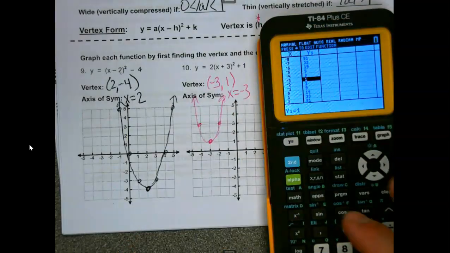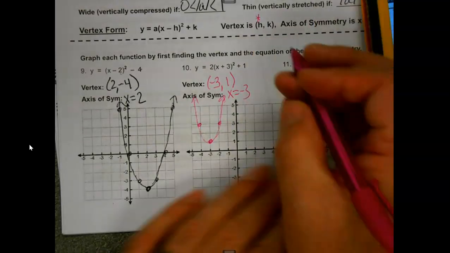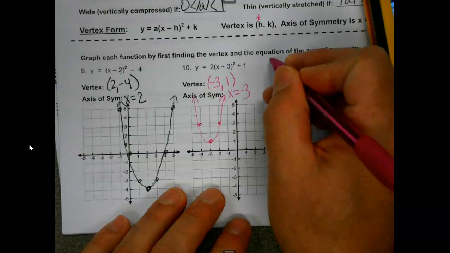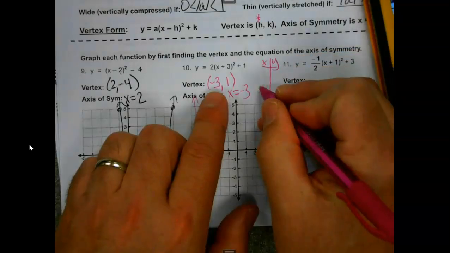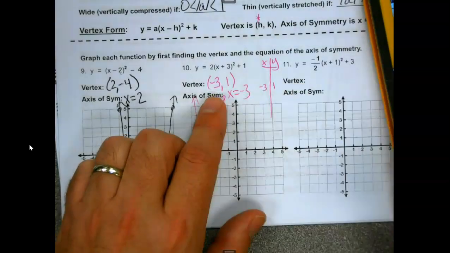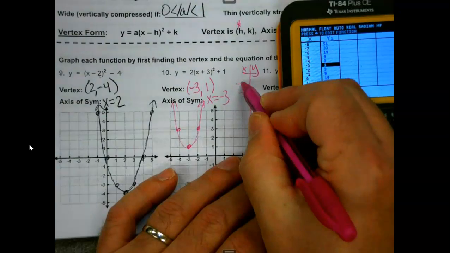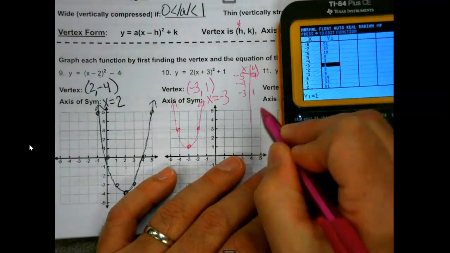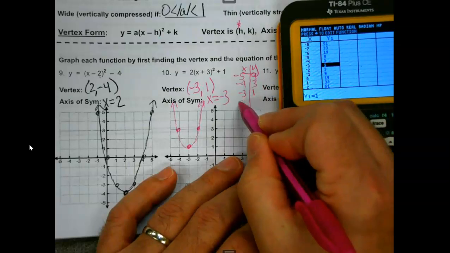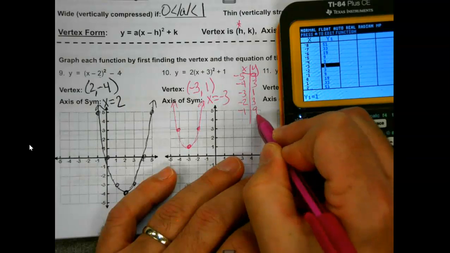But I am going to do something on this one. I'm going to make me a little chart, and I'm going to put my vertex in the middle. I just want to get a couple of values going each way. I want you to be able to see something here in a minute. So let me get just a couple on each side of my vertex.